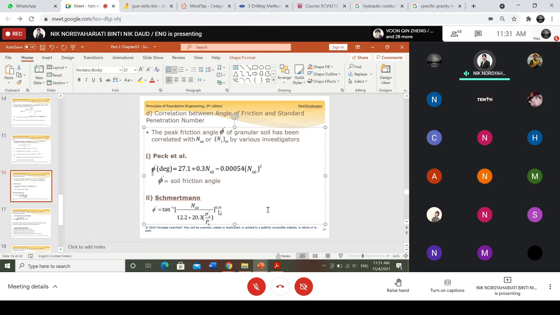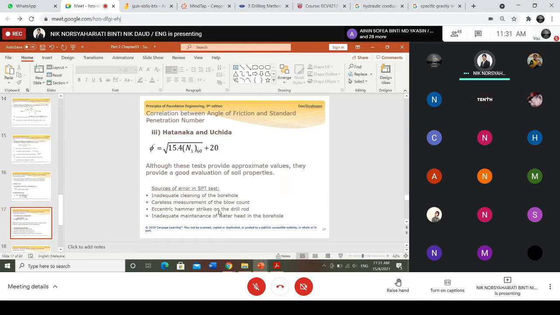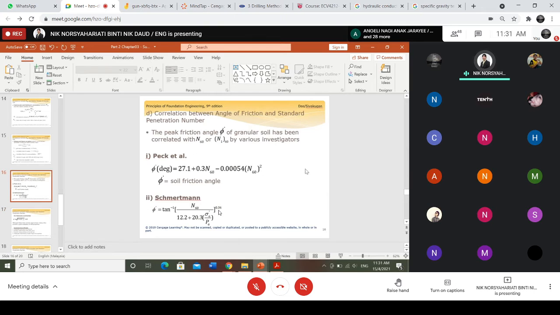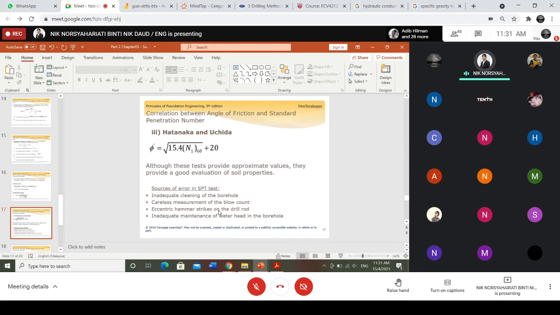Or Schmertmann's equation, right? So this is again for the angle of friction. Hatanaka and Uchida came up with this, which compared to the previous one is the simplest: you just need to find the correction of N60, then after that you can just calculate and get the approximate angle of friction for your soil sample.